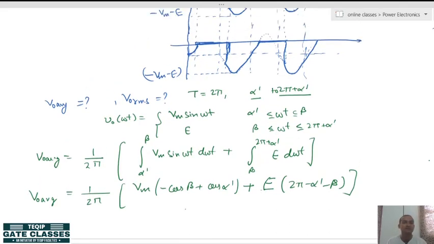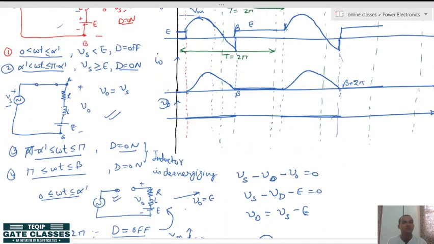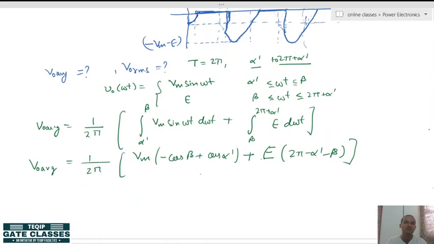Since in this section we are talking about the single phase half wave rectifier, the very basic circuit is the half wave rectifier with R load, and for R load the average output voltage is Vm upon pi. Whenever you calculate the average output voltage for a modified circuit in this section, with different loads, you have to see whether, if the circuit is not modified, the value comes out as Vm upon pi or not.